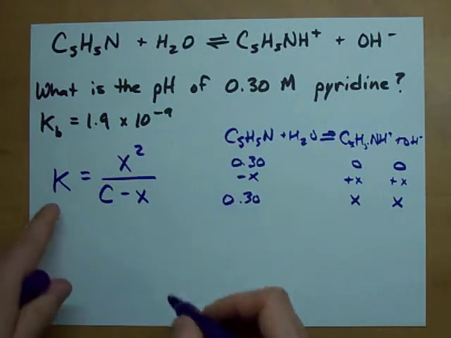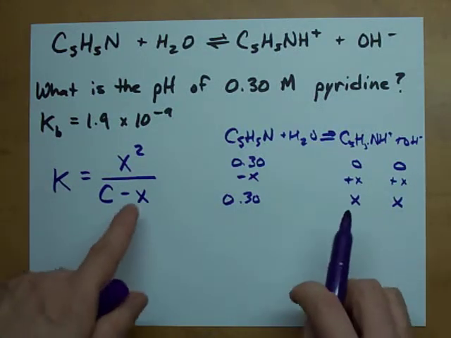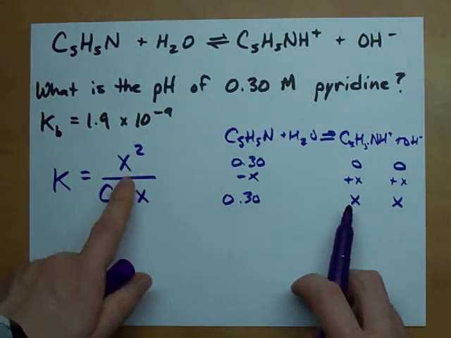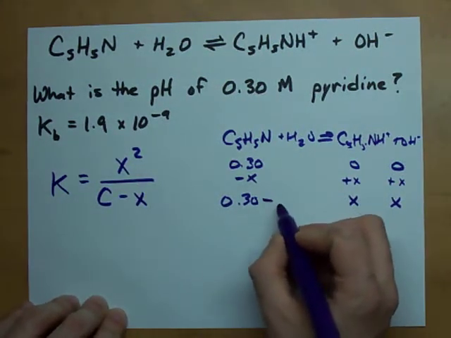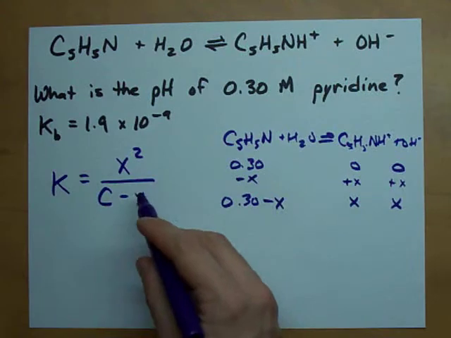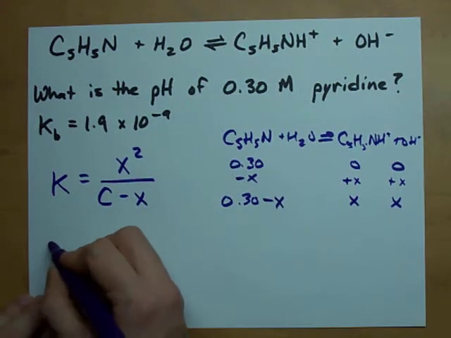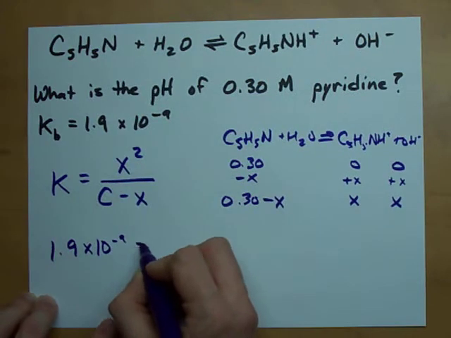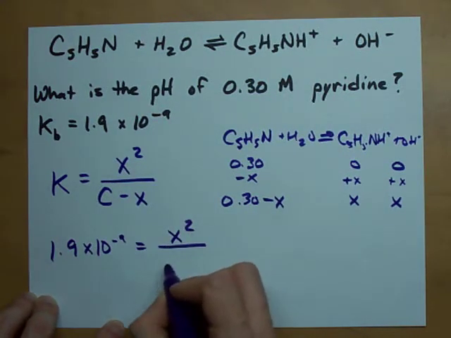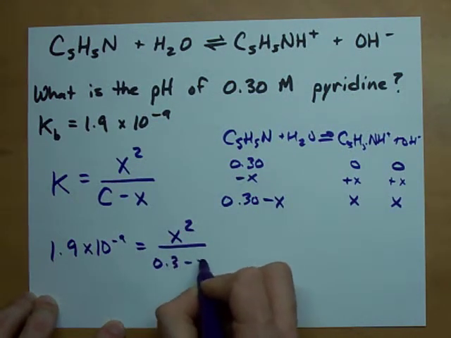Using our K formula here, it's products over reactants, X times X over 0.3 minus X. There we go. So, turns out what we have here is 1.9 times 10 to the negative 9 equals x squared over 0.3 minus x.